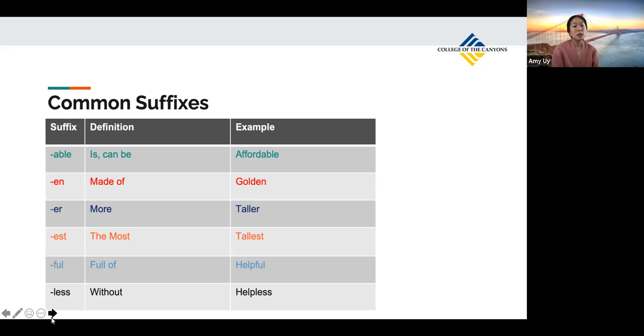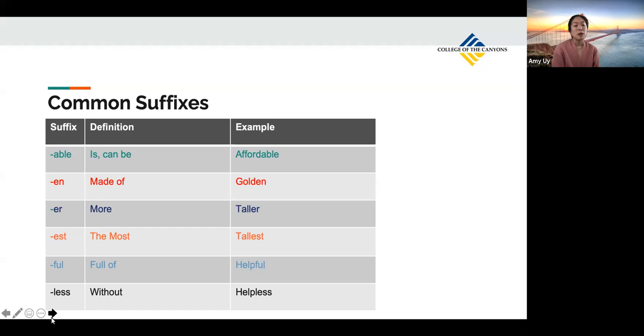Suffix er, right, means more. And an example is taller, more tall. And then the next suffix is est, which means the most. And an example is tallest, right, the most tall.